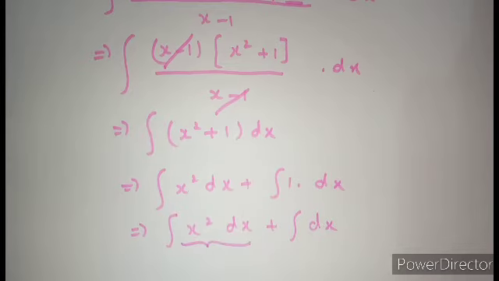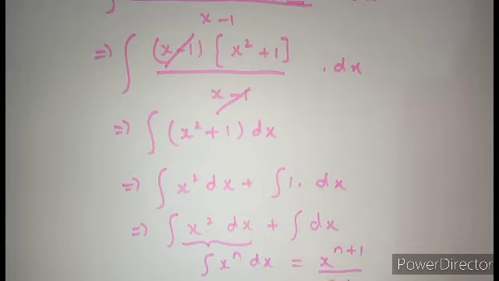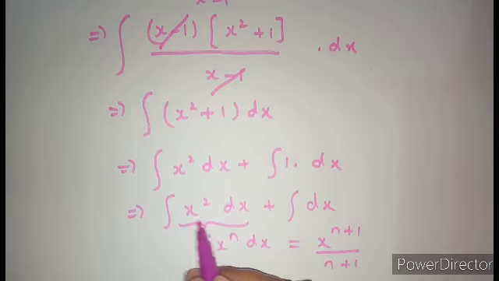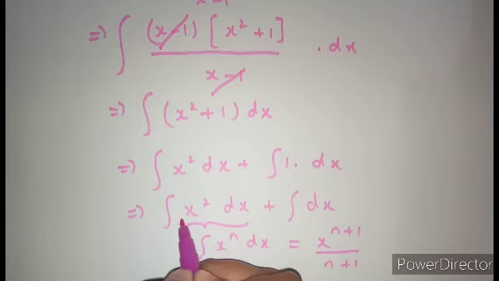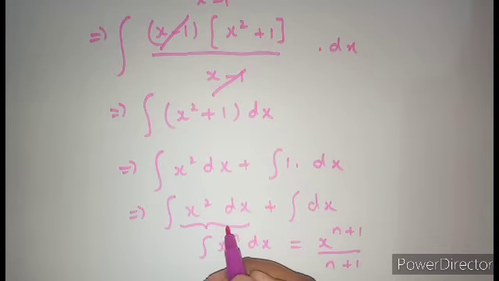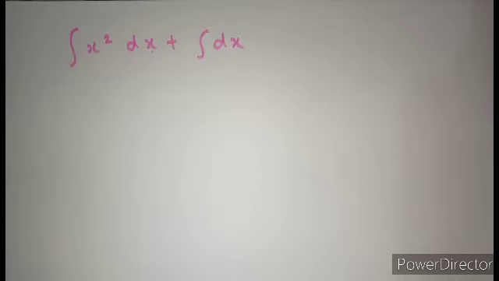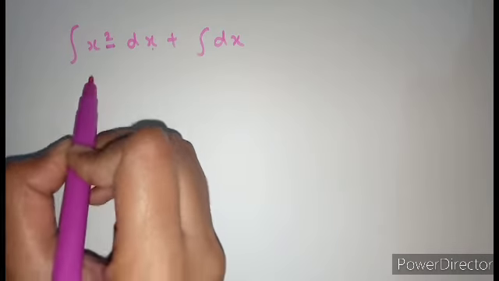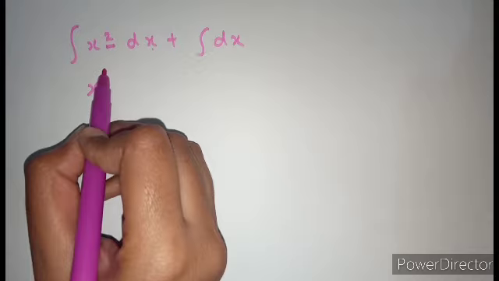This is of the form x power n dx, which is x power n plus 1 upon n plus 1. Whenever you come across this formula, just try to add 1 to the power of this function. If I add 1 to the power of this function, it becomes 2 plus 1 is 3, right?